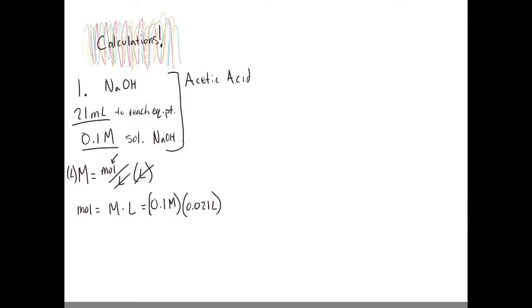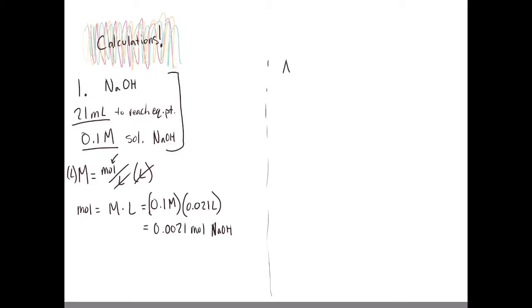That's not the actual thing. Check your lab video in your notes. But just using these fake values, the moles, if I plug this into my calculator, is equal to 0.0021 moles of NaOH. So that's how many moles of NaOH, that titrant that came out of our burette, were needed to neutralize all the acetic acid.